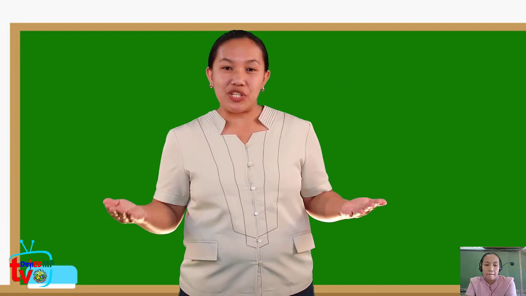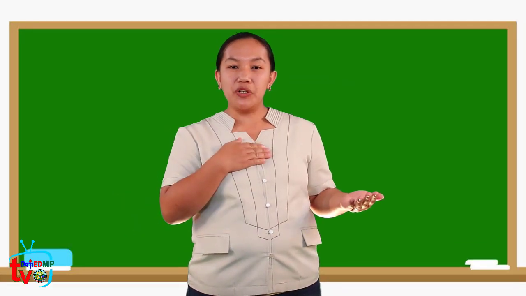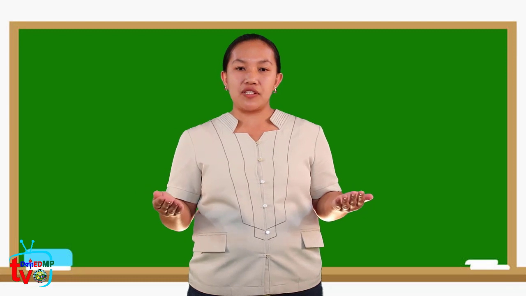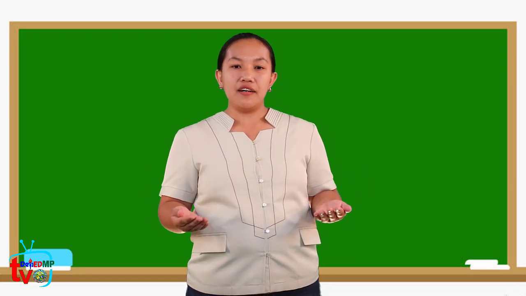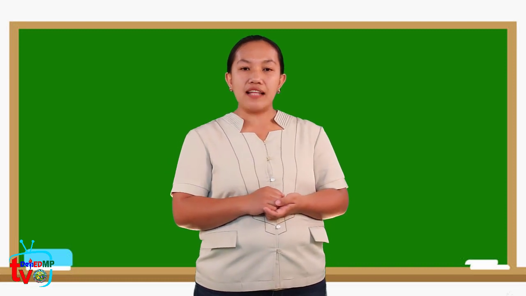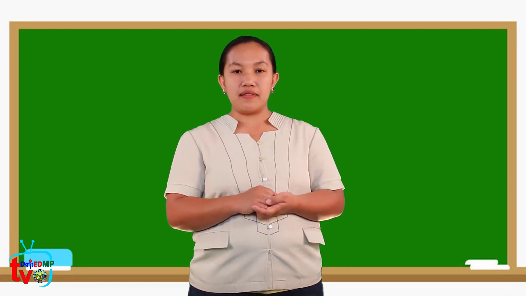How are you now, children? I presume you have learned a lot from the different activities related to solid figures. Let's now check what you have learned by answering this assessment.